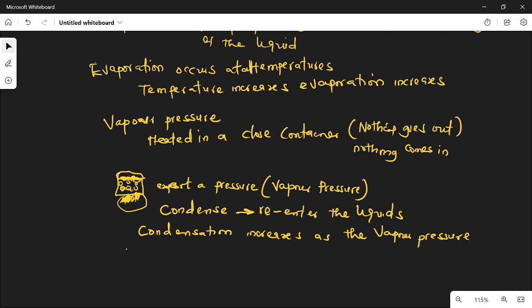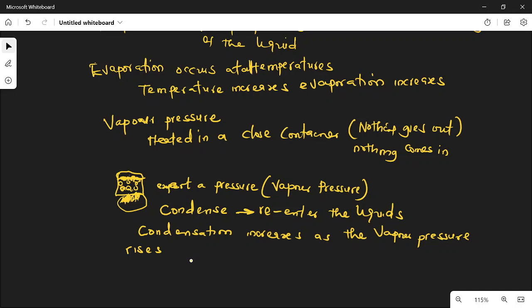I hope that's clear. Our condensation will increase as vapor pressure rises, because the more the vapor pressure, the more vapor condenses back to re-enter the liquid. And as it happens like that, more and more liquid particles will evaporate. Thus, we now have two opposing processes recurring in the system.